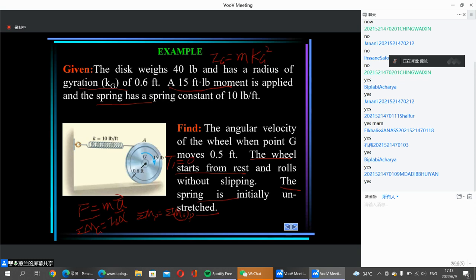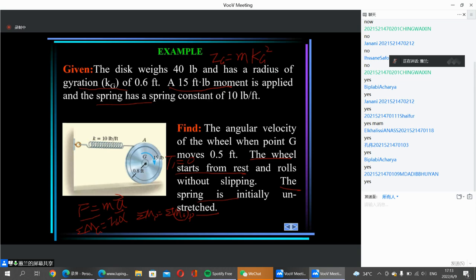The principle of work and kinetic energy is also easy to apply. Why? Because we only concern ourselves with the initial state and the final state. We don't care what happened between them. And the work by the forces is not difficult to calculate.